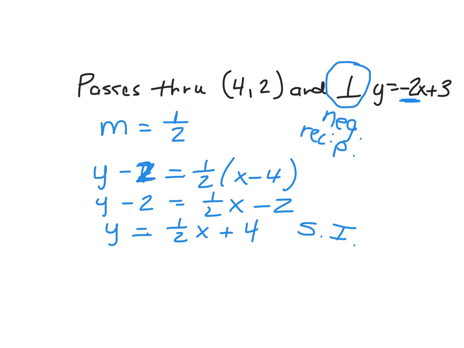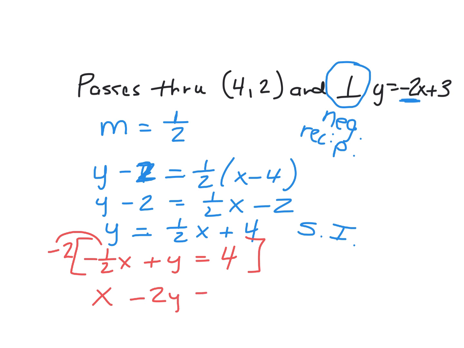If I wanted standard form, I'd have to bring my x over. I can't have a fraction here. I'm going to multiply this whole thing, also making a positive, so I'm going to multiply by negative 2, which would give me x minus 2y is negative 8. And that would be standard form of that line.